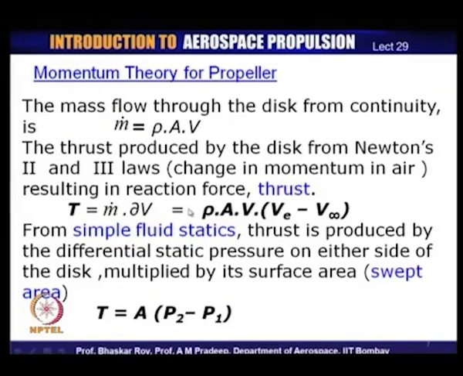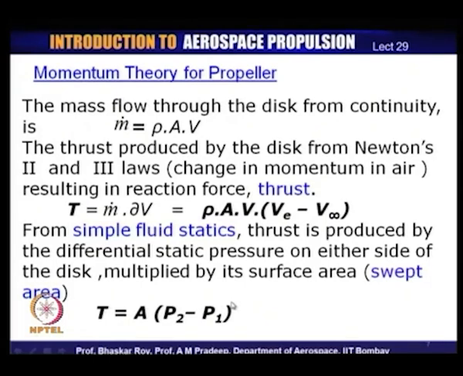On the other hand, the physics model that we have put forward now from fluid statics, the thrust can be estimated by simply taking the pressure differential across the two sides of the disk, and when that is multiplied by the activation area of the actuator disk, which we also call the swept area, we get another value of thrust, which is A into P2 minus P1.